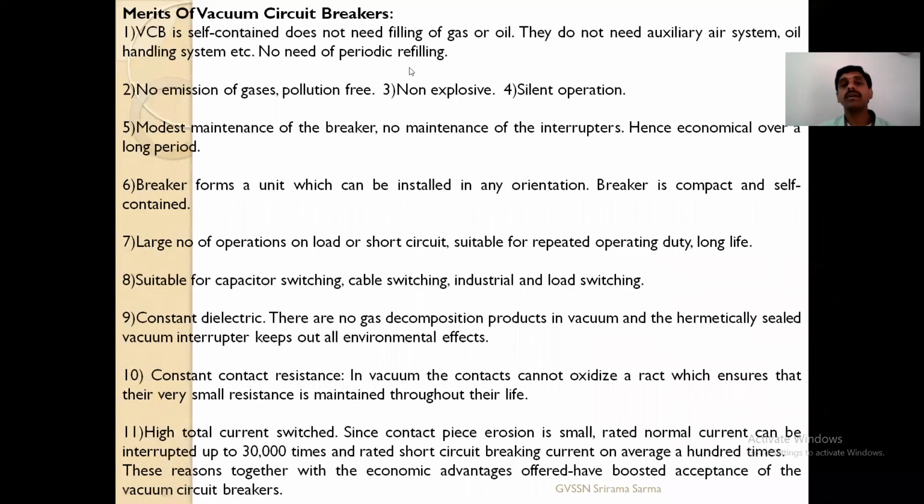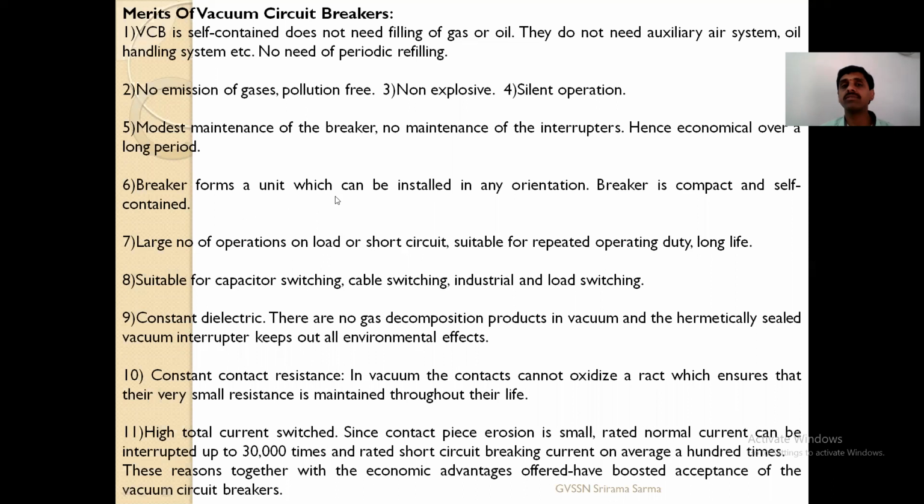So what are the merits of the vacuum breakers? They are self-contained and do not need filling of gas or oil. They do not need auxiliary air system, oil, etc. No emission of gases, pollution free, non-explosive, silent operation, modest maintenance of the breaker, non-maintenance of the interrupters, hence economical.